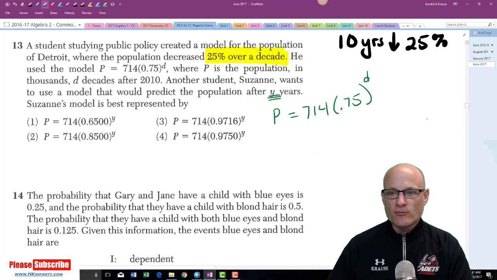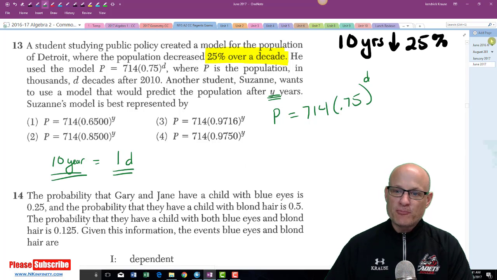Okay, so let's think about this. Let's say we had 10 years. Well, that would equal 1 decade. So if I just put Y here, then that would mean that we would be going down by 25% every year, right?